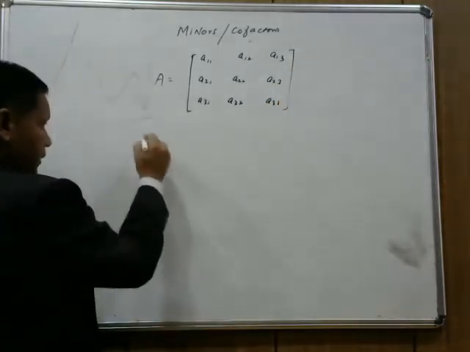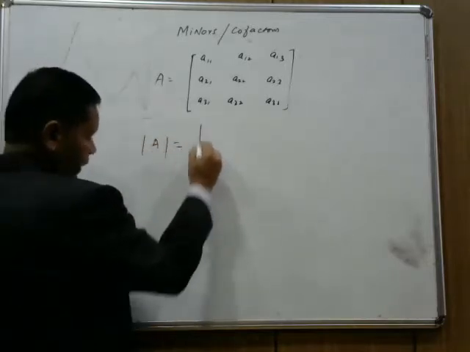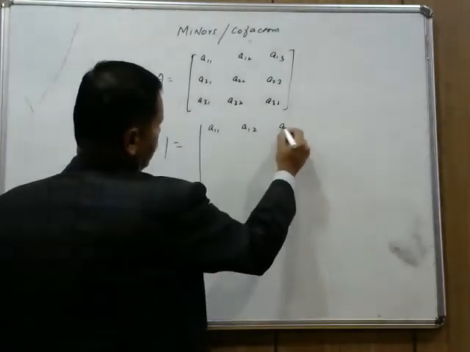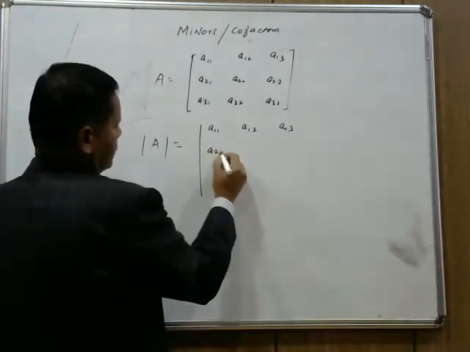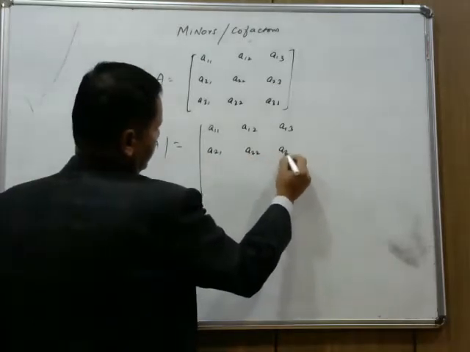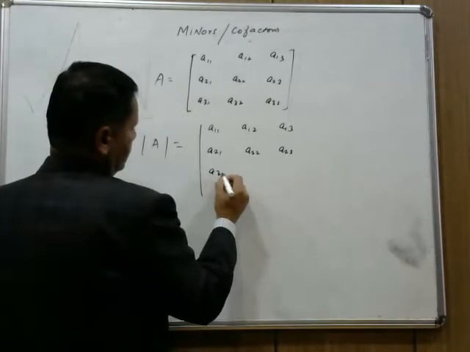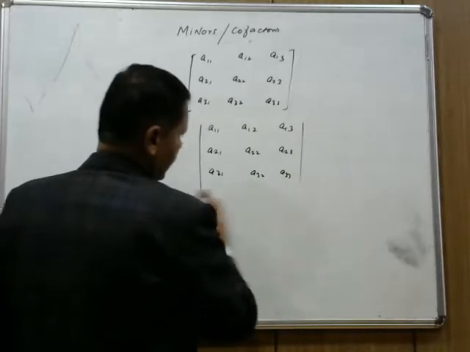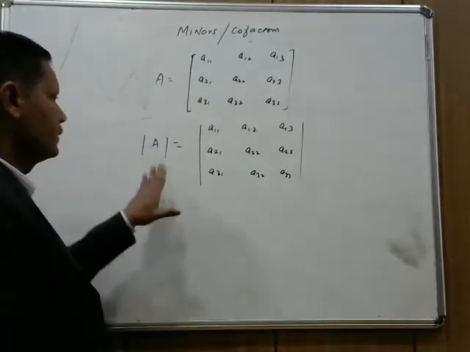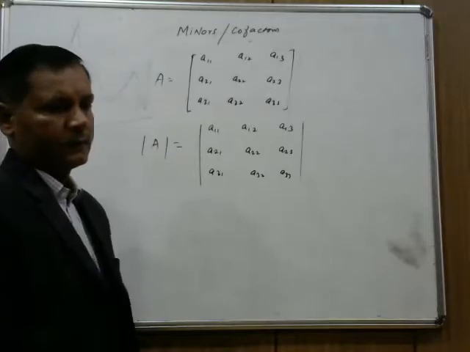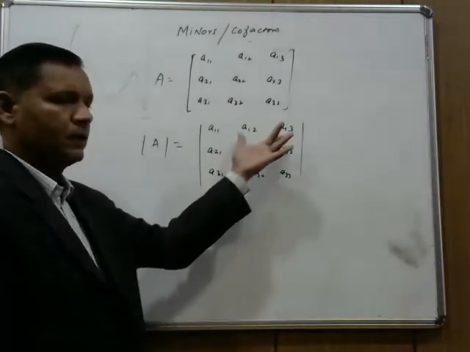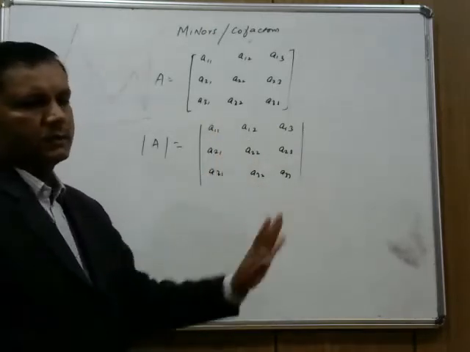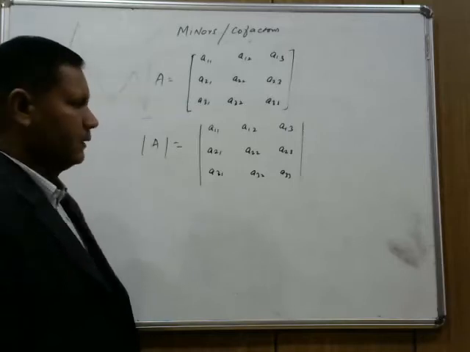For the determinant we write the determinant of A is equal to, we write this sign now, a11, a12, a13, a21, a22, a23, a31, a32, a33. And we have learned how to find the value of this determinant by expanding along row 1, row 2, row 3, or by expanding along C1, C2 or C3. That we know, that we have done.